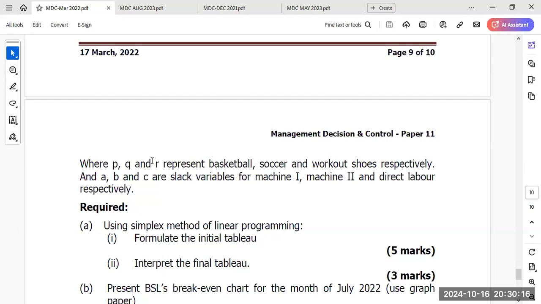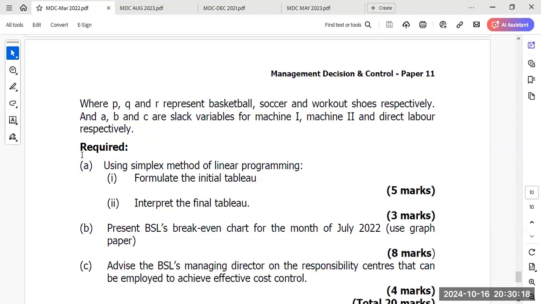Whenever you're given a question, always check on the required part. Before you read the case study, always first know what is the required part. Here the required part, they are telling us that A, we use Simplex method of linear programming, Roman 1, to formulate the initial tableau. You cannot formulate initial tableau when you don't have linear programming model.